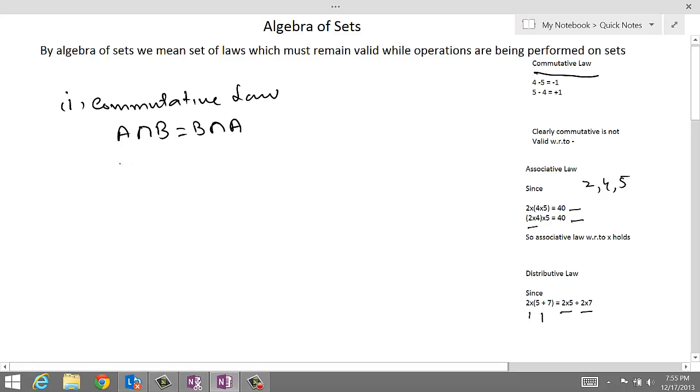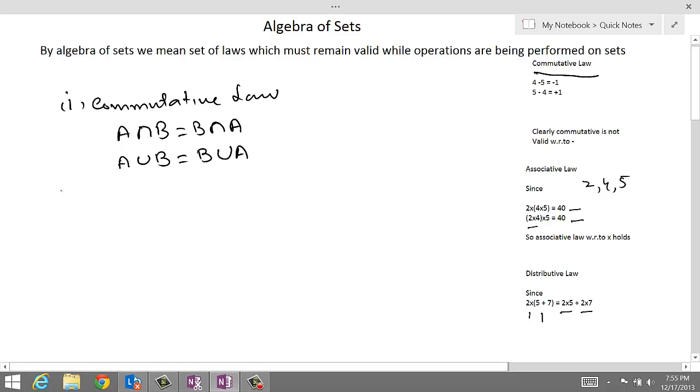And similarly, if we switch places with respect to union, the answer is still going to be the same. So we say A union B is same as B union A. This is what is known as commutative law.